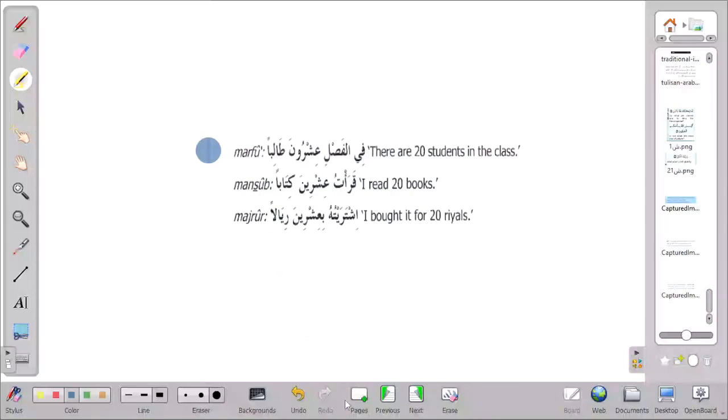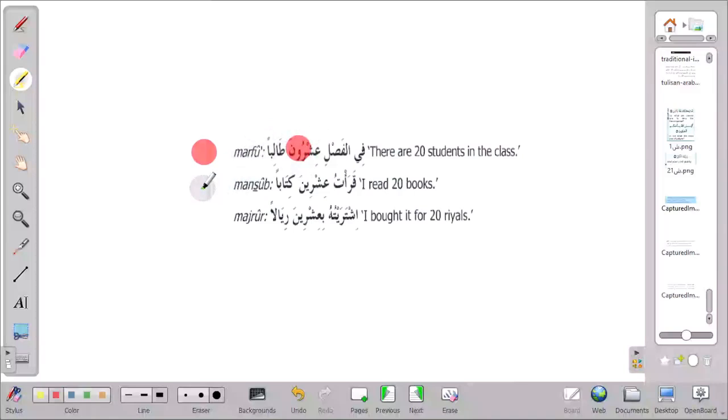It is marfu. So as it is marfu, assuming we have ishrun, which is 20, we have ishrun, salasun, arbaun, khamsun in that order. We will look at that in the next page, so just exercise patience. Let's take ishrun for example. When it is marfu, it will be ishrun.